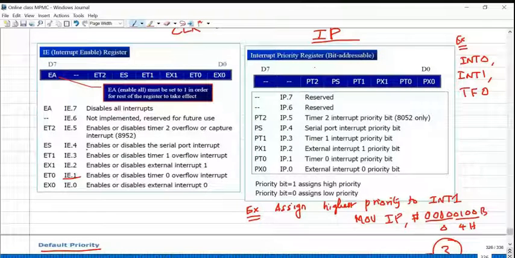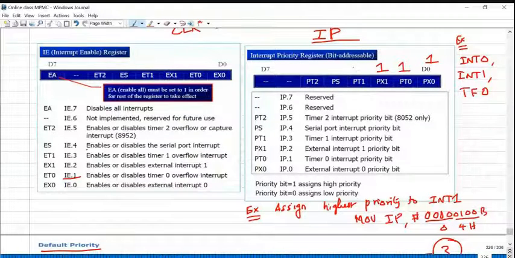In the interrupt priority register, PX0 is the particular field for assigning priority for INT0, external interrupt 0. PX1 is the particular bit for the INT1 interrupt. PT0 is for the timer 0 overflow flag.